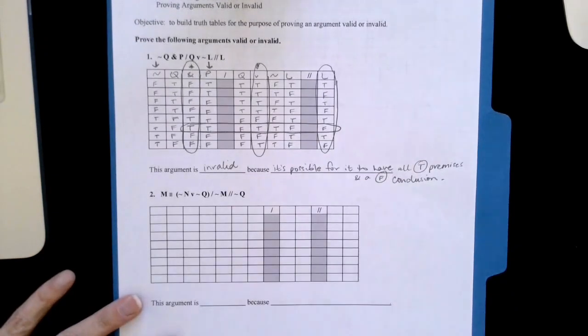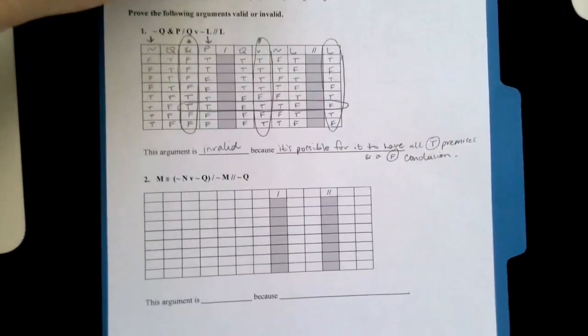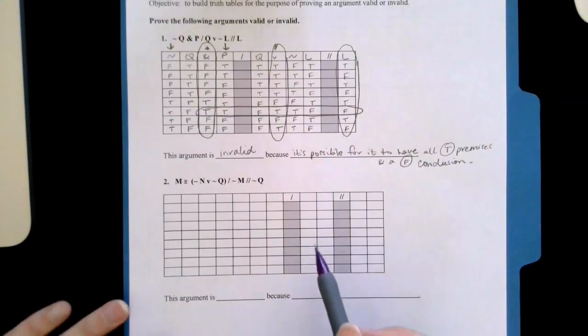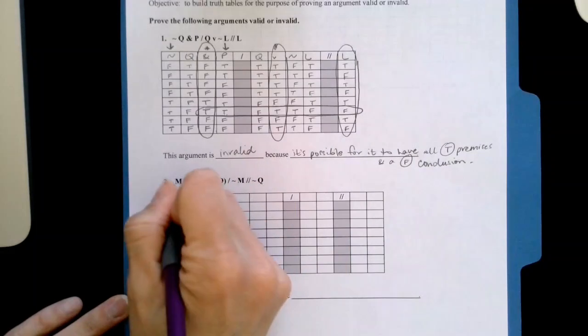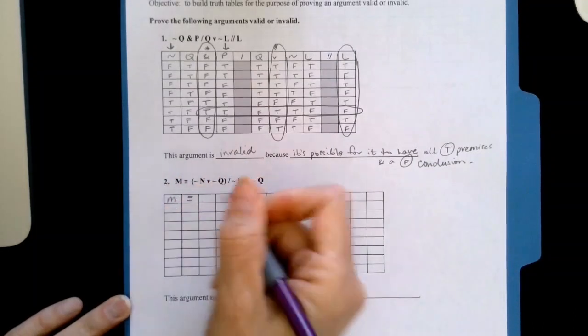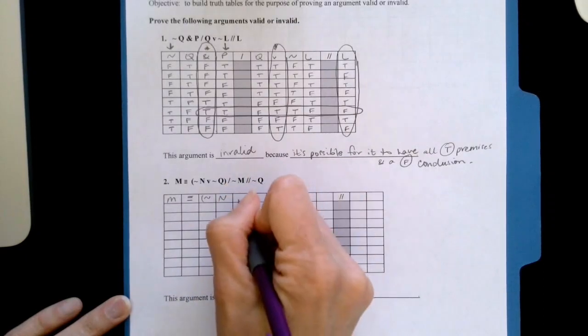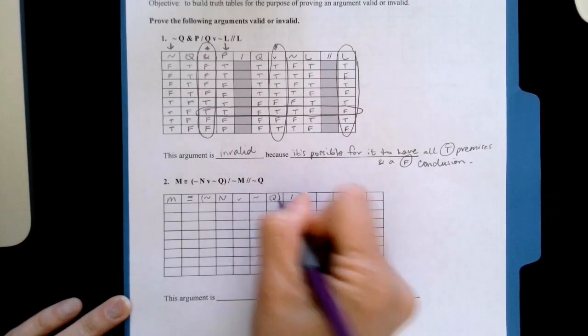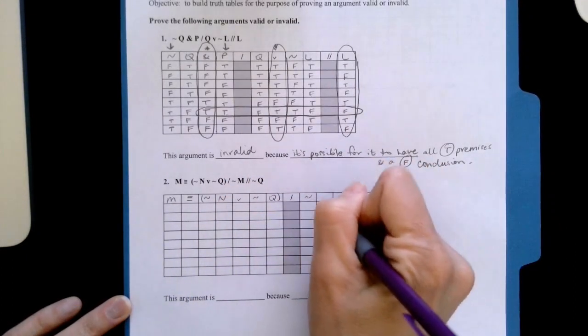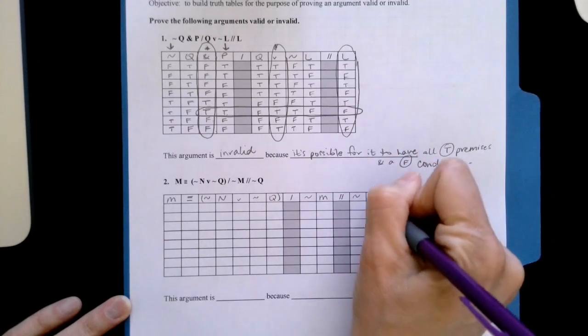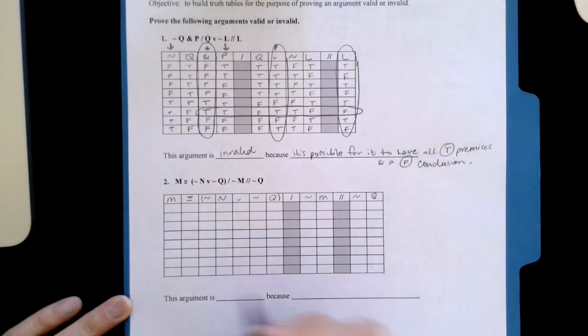Okay, number 2. So we have to write the values in. Parentheses have to share. Okay, then we write in all of our values.